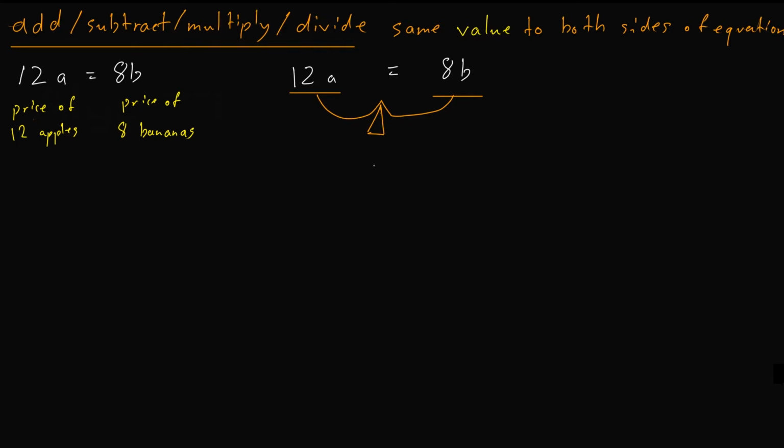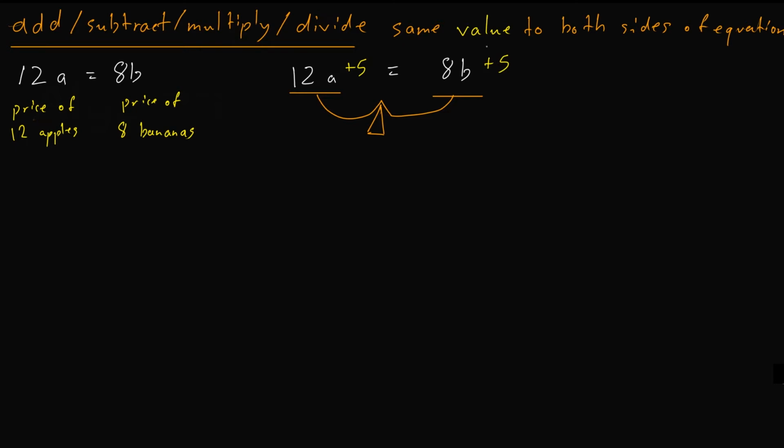When you think about it this way, you can see how adding, subtracting, multiplying, or dividing the same value to both sides will wind up maintaining this balance. And so we will wind up with a valid equation, right? So if the price of 12 apples is equal to the price of 8 bananas, then that also means the price of 12 apples plus $5 is equal to the price of 8 bananas plus $5, right?